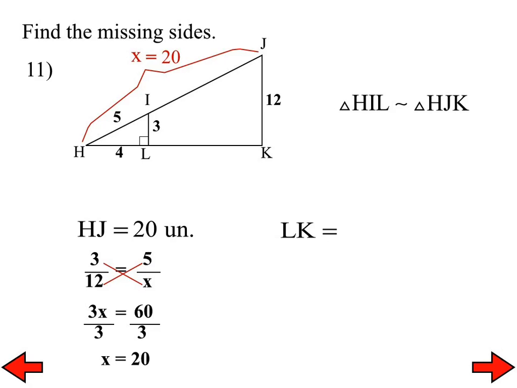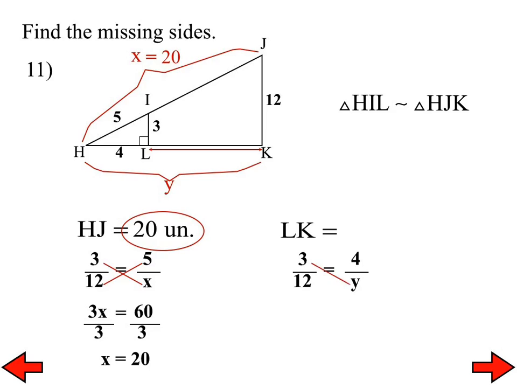LK, lots of ways of doing that. I'm going to use the proportional relationship between the whole side, and I'm going to take really the same approach that I took for, if you want to think of that as the hypotenuse, as I did for the hypotenuse. So 3 is to 12 as 4 is to y, and when I find that, I end up with 16.